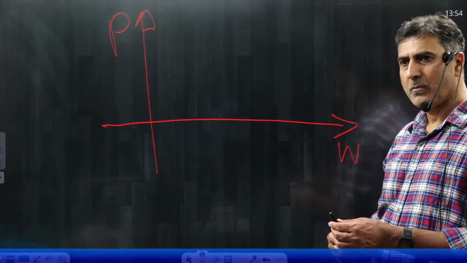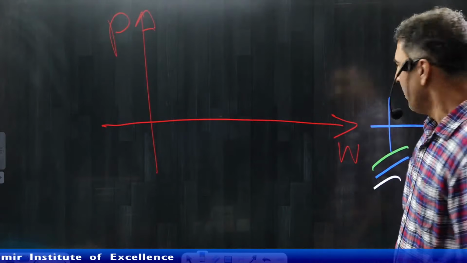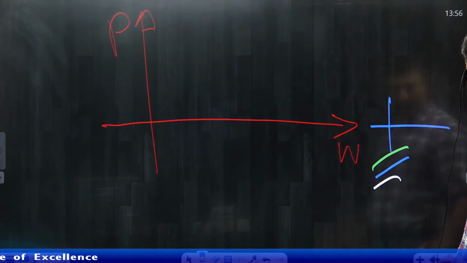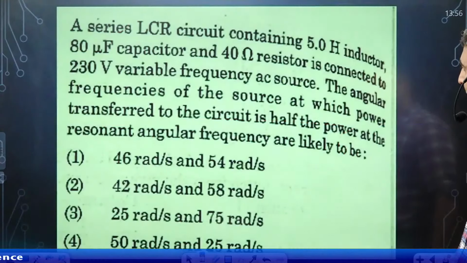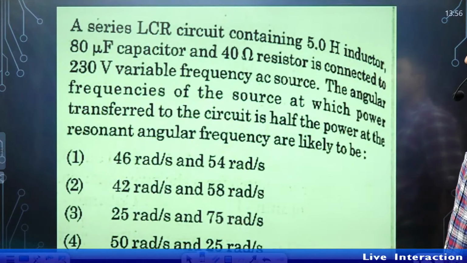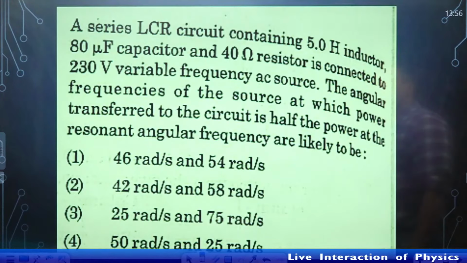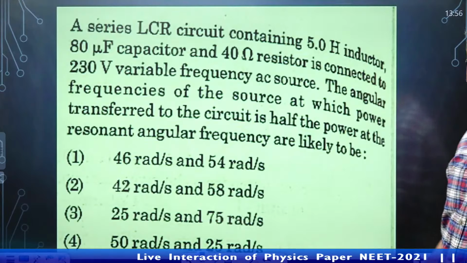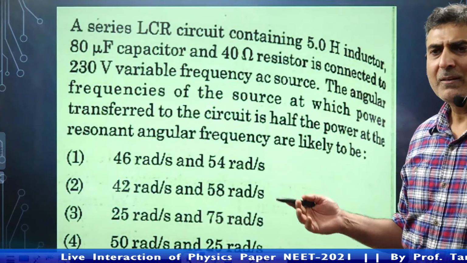Now see here, let me go to this question again. A series LCR circuit where you have 3 elements, inductor, capacitor and resistor, and you apply an AC source and you are getting power.